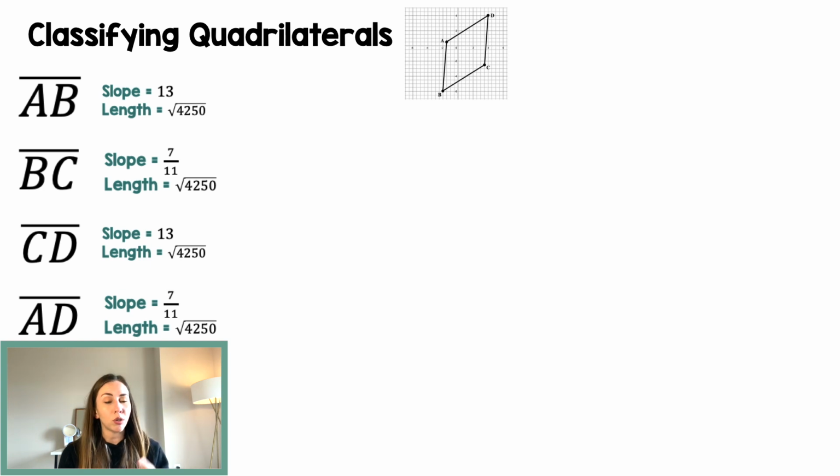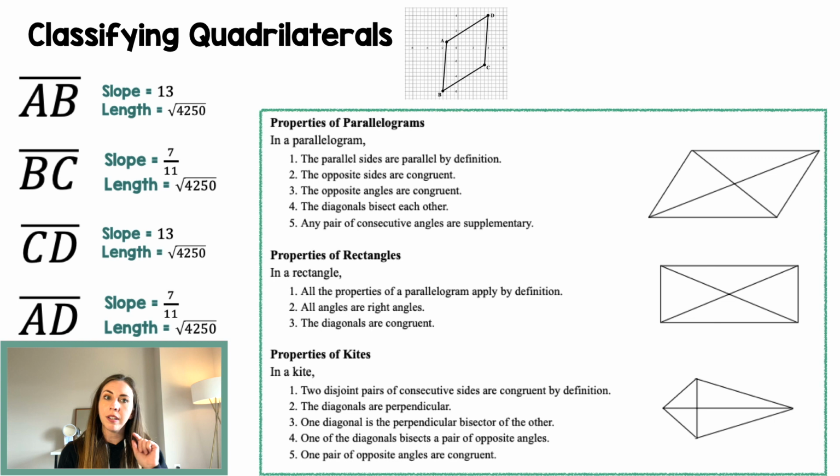So you're going to want to open a new tab or take your printed copy and look at the properties of quadrilaterals sheet. The first option we have here is parallelogram, and we thought that maybe this was a parallelogram. So here are the requirements that it would need to have. The opposite sides are parallel.